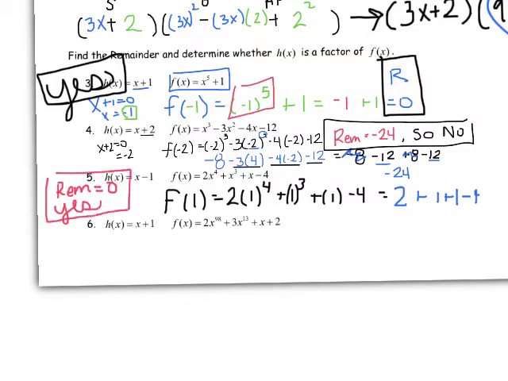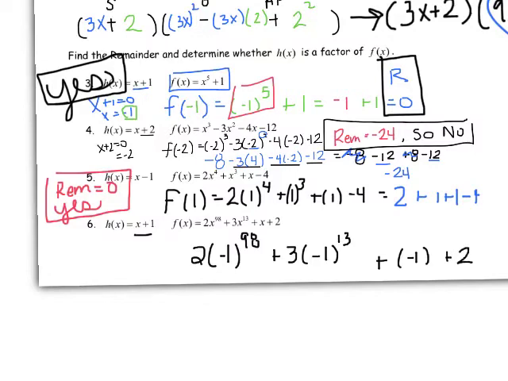Okay, and my last one, number 6. So I'm going to plug in -1, 2 times negative 1 to the 98, plus 3 times negative 1 to the 13, plus negative 1, plus 2. So this will make positive 1 times 2 is 2.